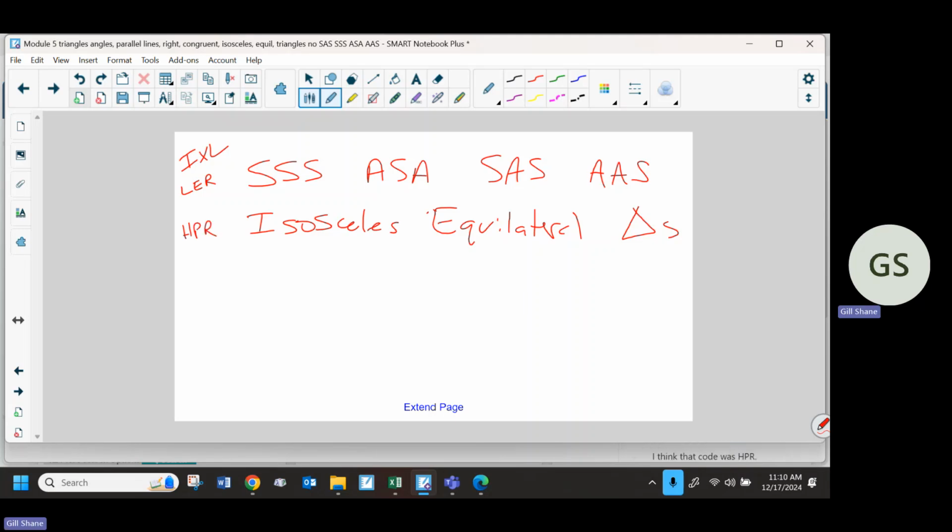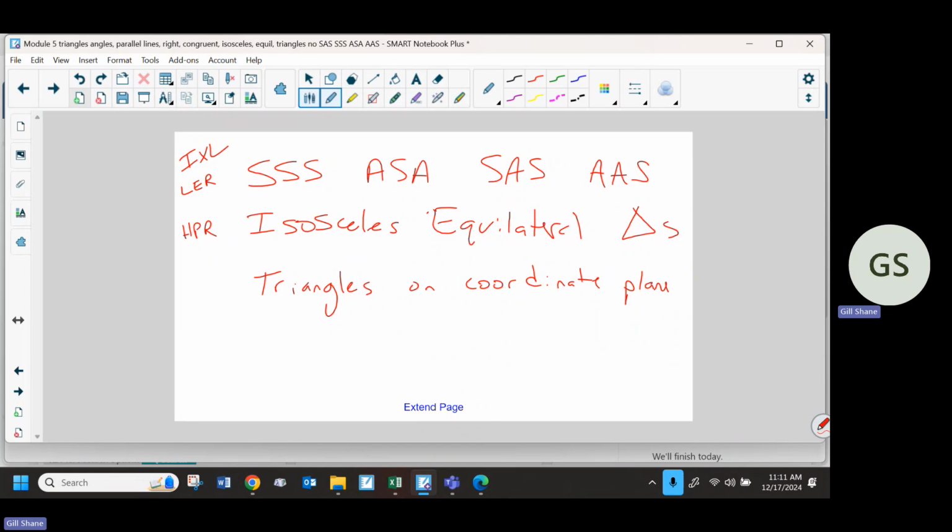So again, some of the questions I choose might be harder for that one, but some of them will match up with the IXL. Then we move into kind of what we're doing now, like we'll move into today's lesson: triangles on the coordinate plane, which we started yesterday, we'll finish today.